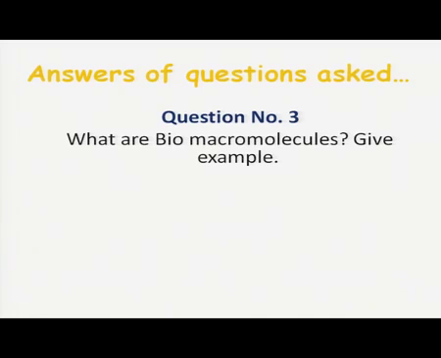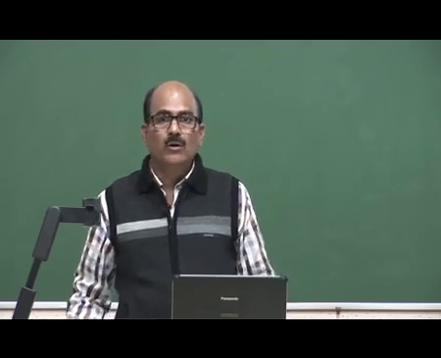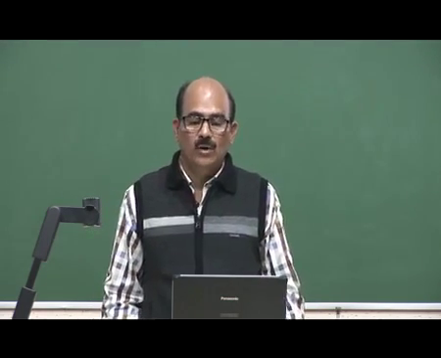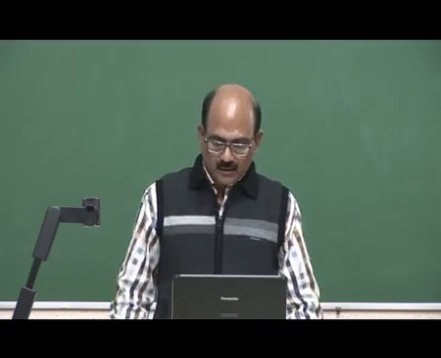The third question was, what are macromolecules? Give example. We have already seen in my last lecture, the biomolecules have been divided into two categories, that are biomicromolecules and biomacromolecules, on the basis of their molecular weight and on the basis of the amount which is present in the particular cell.